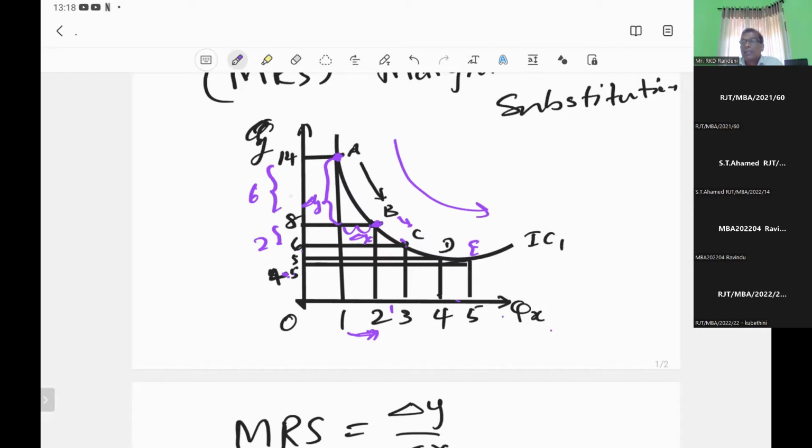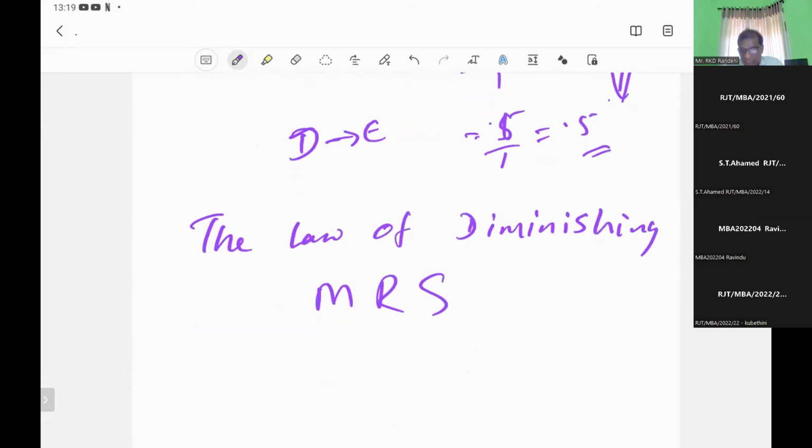Then from B to C to D, he is not ready to sacrifice more vegetables, because as vegetables reduce, their utility increases. He is not ready to sacrifice more and more vegetables to take dry fish or X. That is the law of diminishing marginal rate of substitution.